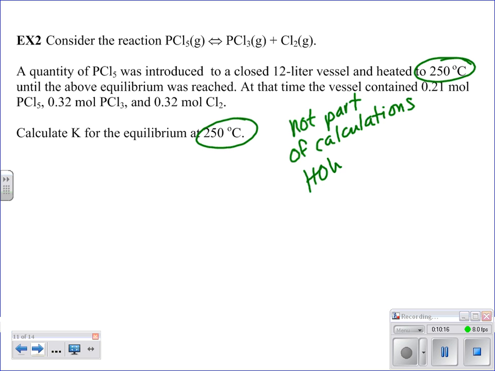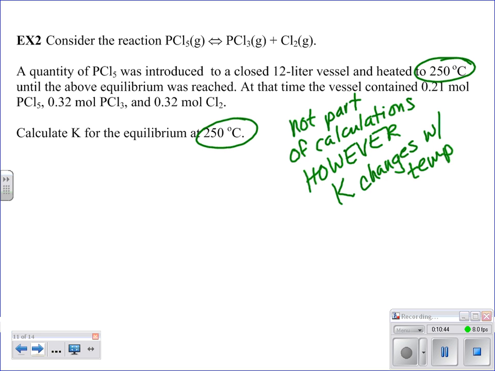However, with that said, this is just a reminder, this is something you should know, is that your equilibrium constant, K, changes with temperature. So if your temperature changes, then your K value is also going to change. So this is just illustrating that it's at a constant temperature, and this is what it happens to be at this temperature, but I'm not going to use that in my problem.